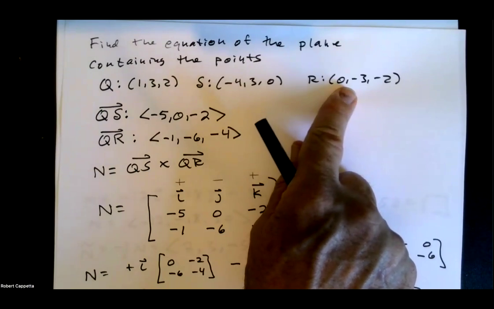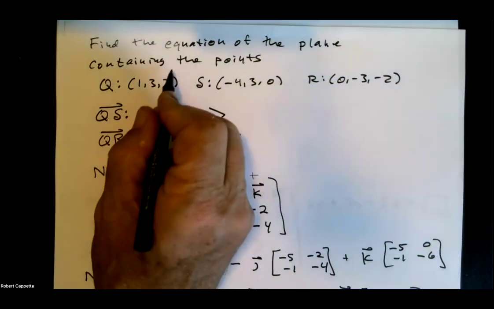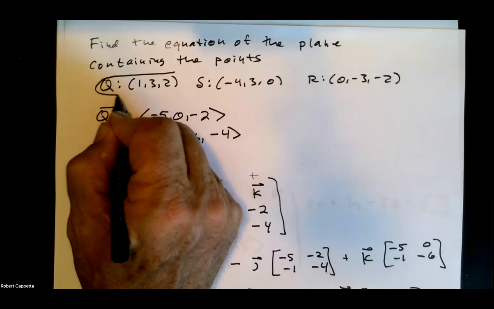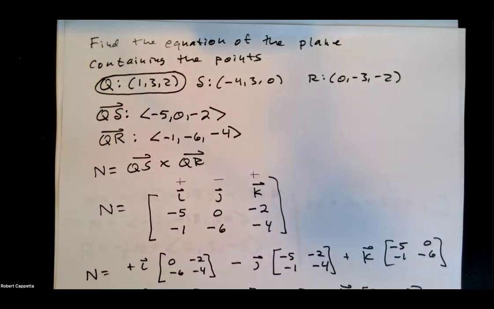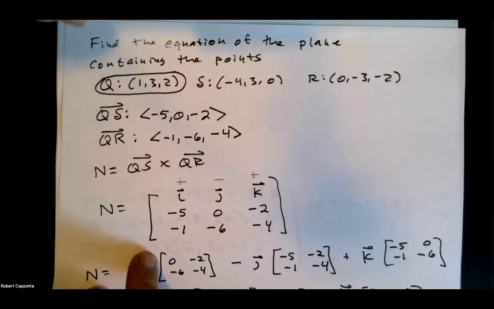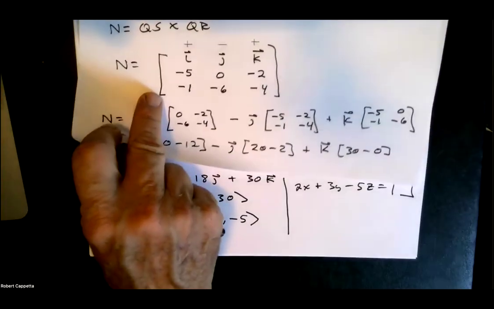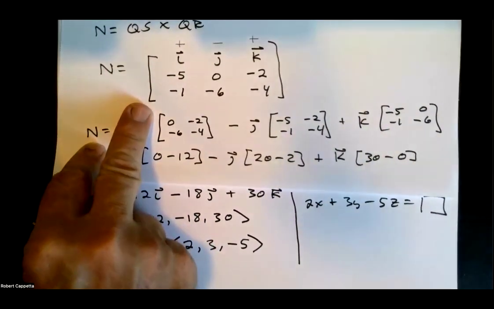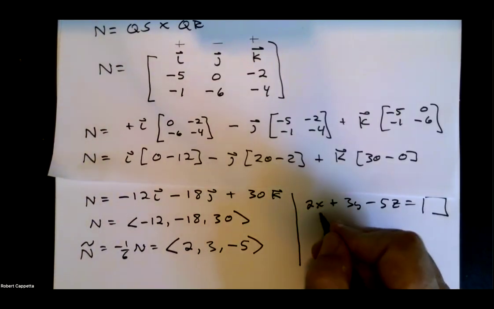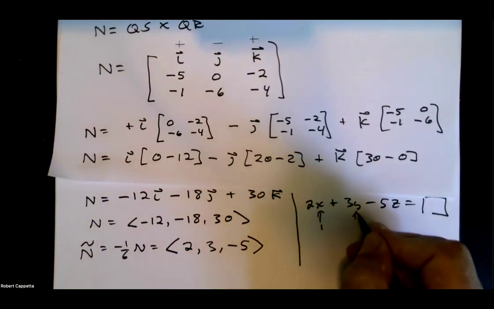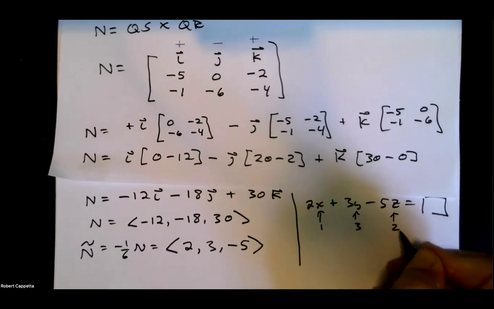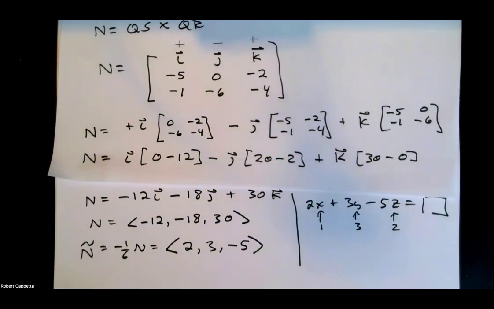I can use any of them. I'm going to choose to use the Q of 1, 3, 2 to find out the number that's on the right-hand side. So I'm going to plug 1 in for x, 3 in for y, and 2 in for z. But this should be the same for all of them.